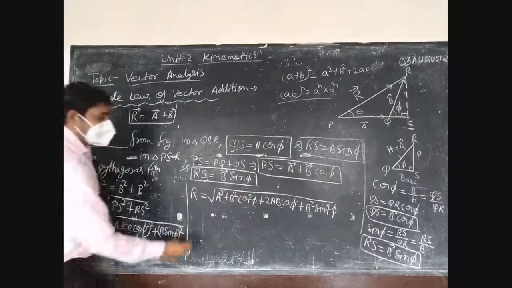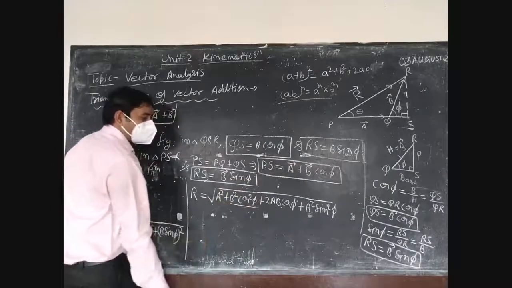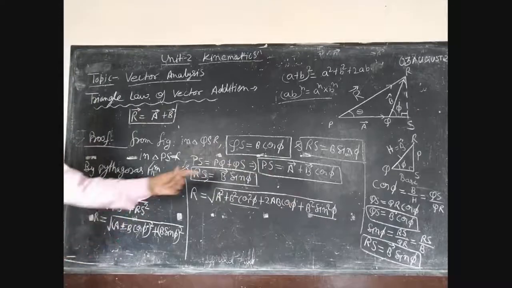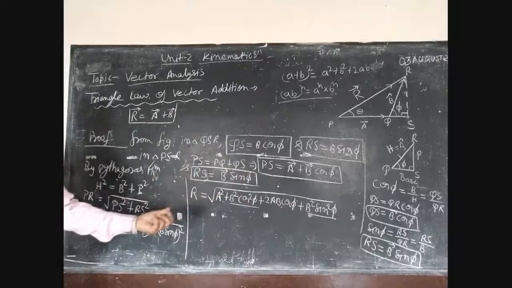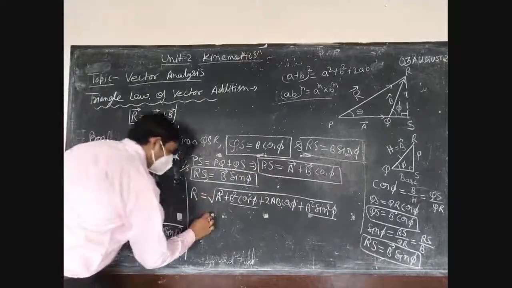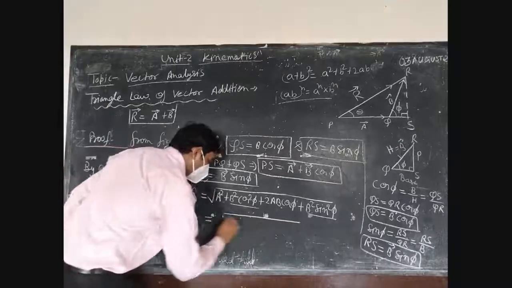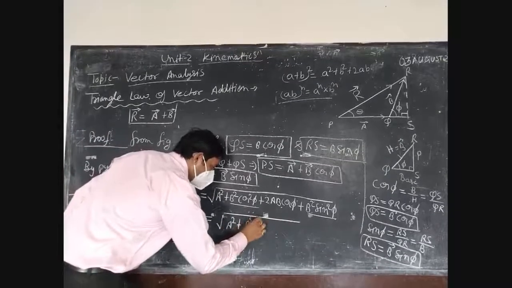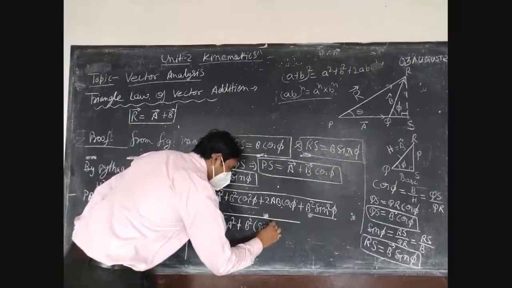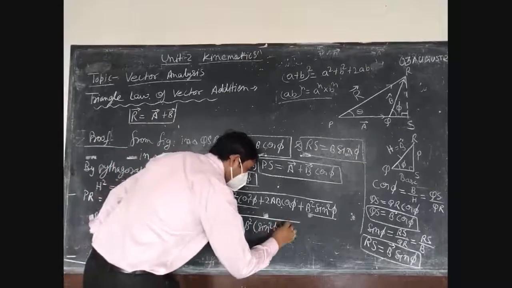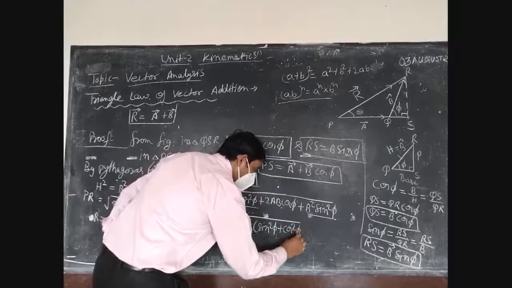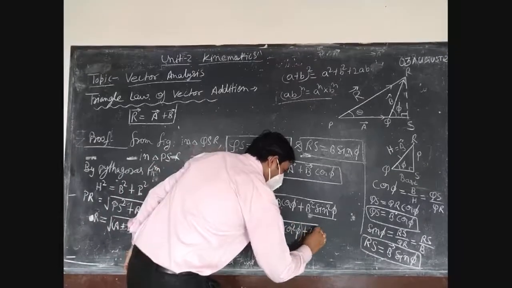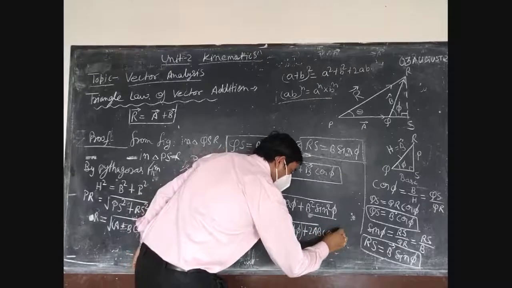Now take the two terms B square cos square phi and B square sin square phi together, taking B square as common. Then you get A square plus B square times sin square phi plus cos square phi, plus 2AB cos phi.